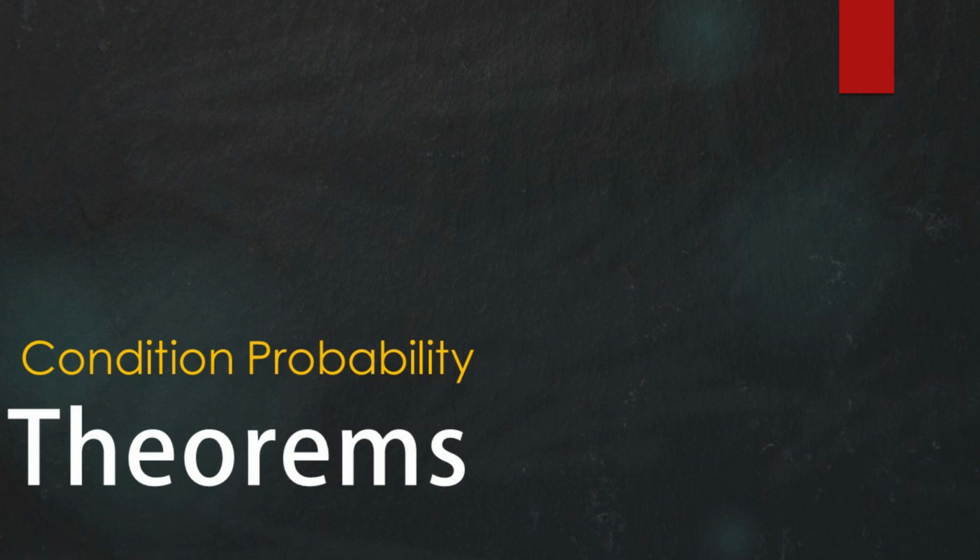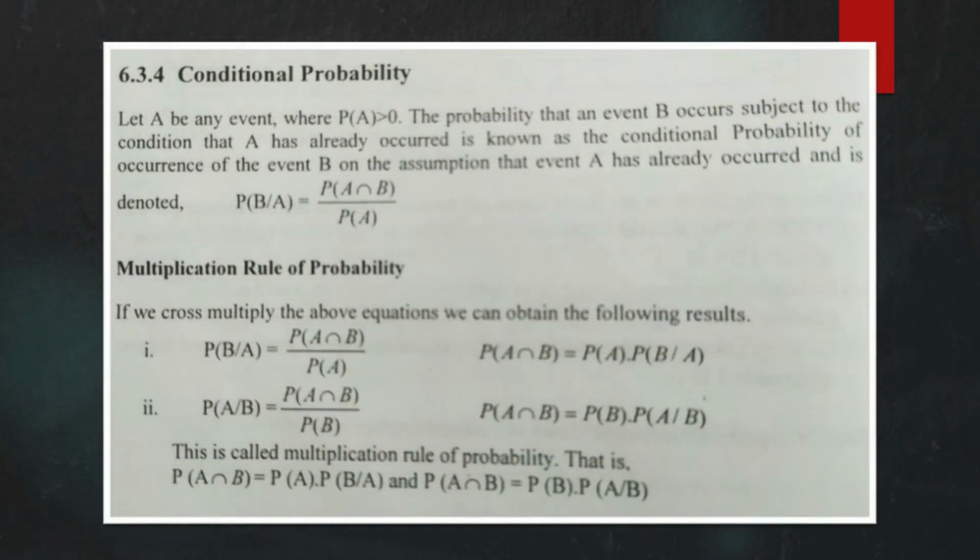Like in grade 11, you multiplied it, right? But you didn't know why we multiply. The teacher said to multiply, then you multiplied it. So there exists a theoretical background for multiplying each leaf, and that is the conditional probability. Now I'm going to explain the conditional probability definition. Let A be any event where P(A) is greater than 0.